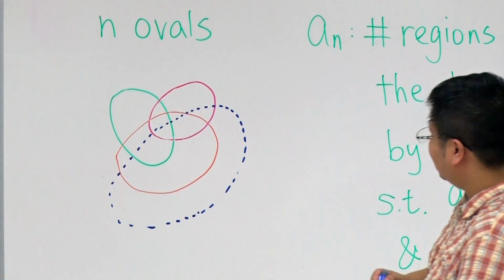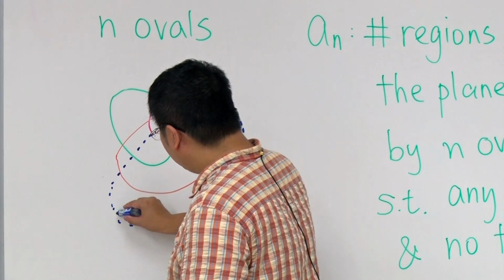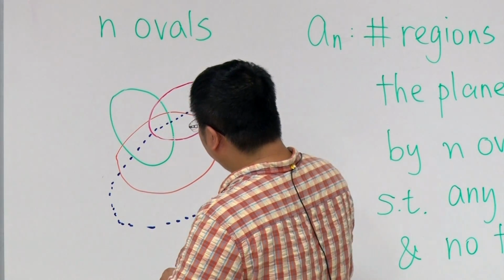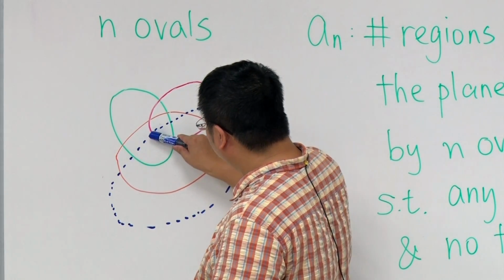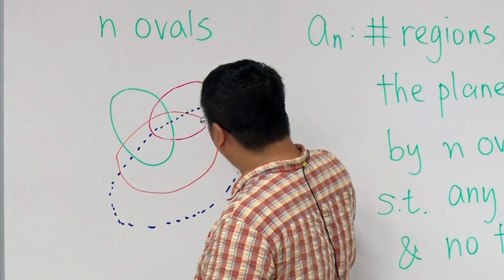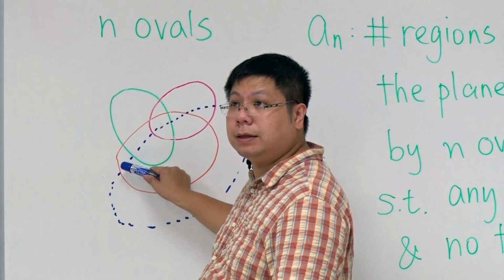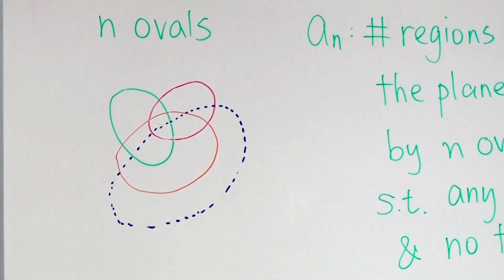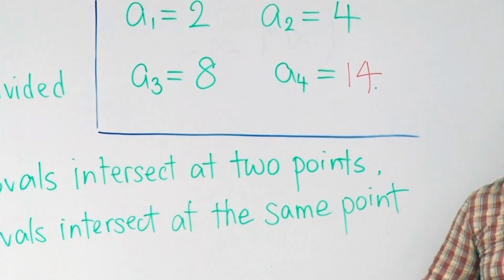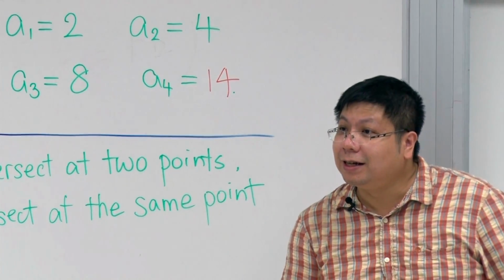So it is still an oval. So how many segments are there? 1, 2, 3, 4, 5, 6. So there are 6 segments here. Then we are going to add 6. 8, you add 6, it becomes 14.